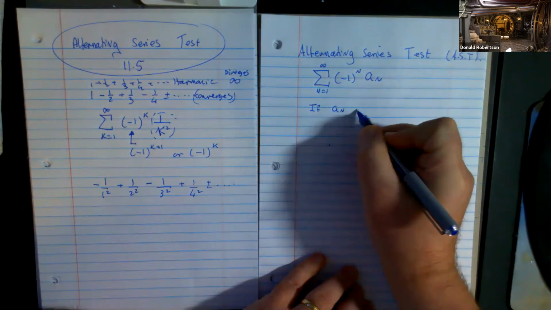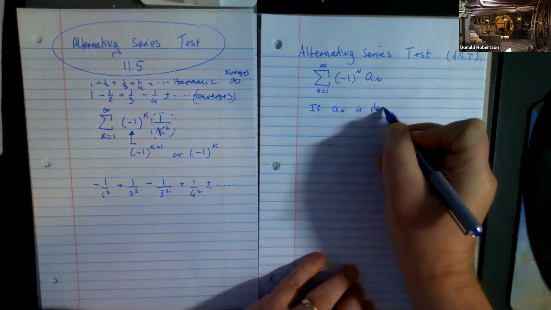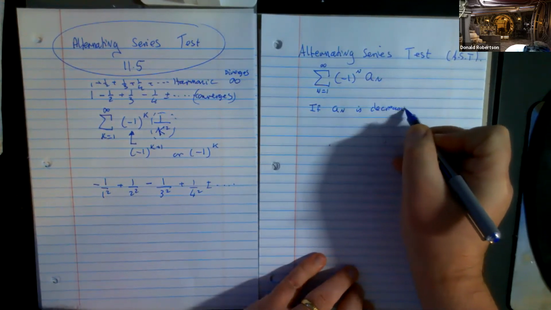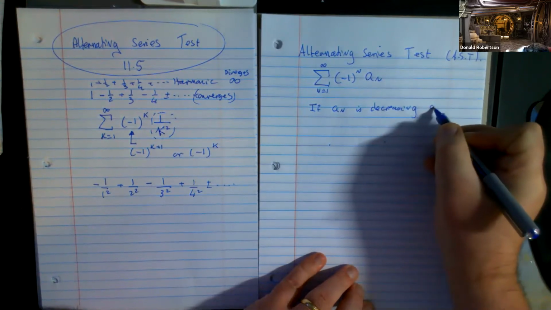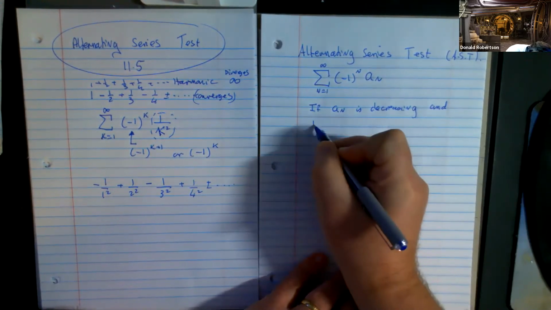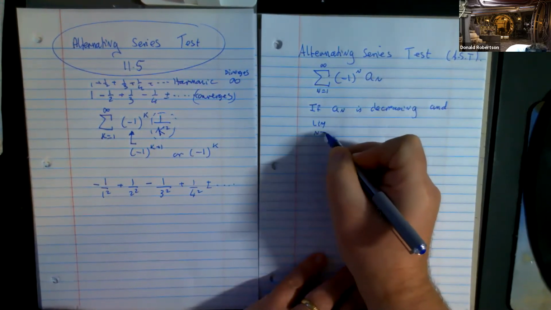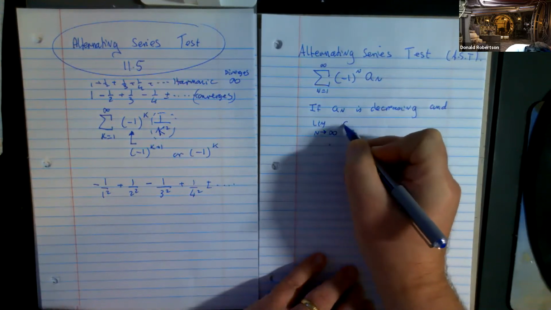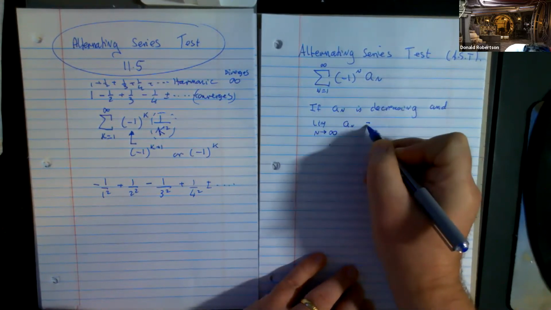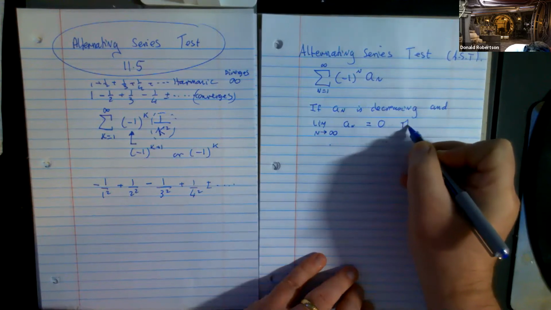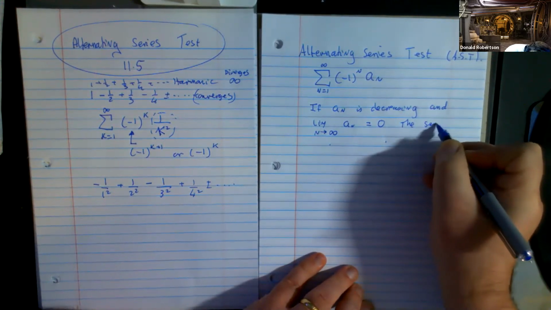Now, the alternating series test says if a_n is decreasing and the limit as n tends to infinity of a_n is 0, the series converges.